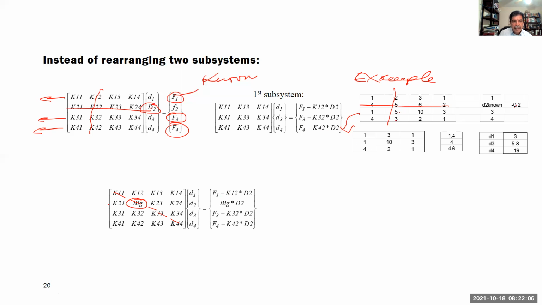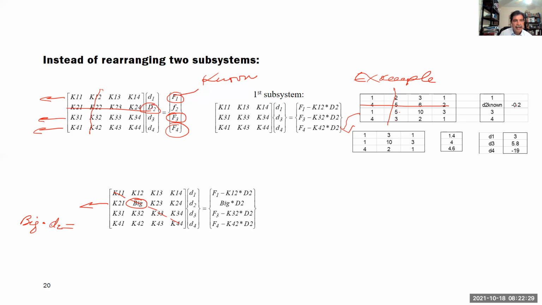Let's think for a minute on this equation. Since this is a very big value, when you multiply this row by this column, the most important term is going to be this big one, because it is very large. So it's going to be big times D2.